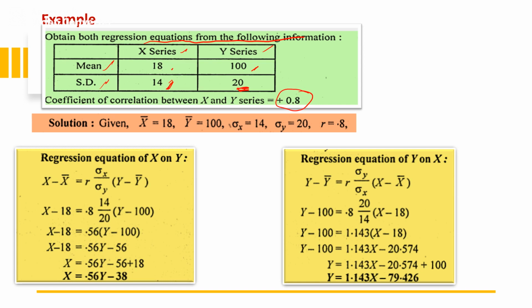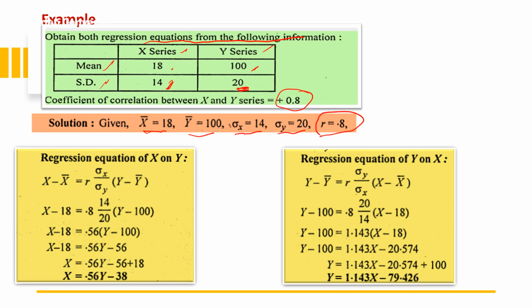So these are the given conditions: x bar is 18, y bar is 100, sigma x is 14, sigma y is 20, and the correlation coefficient between x and y is 0.8.